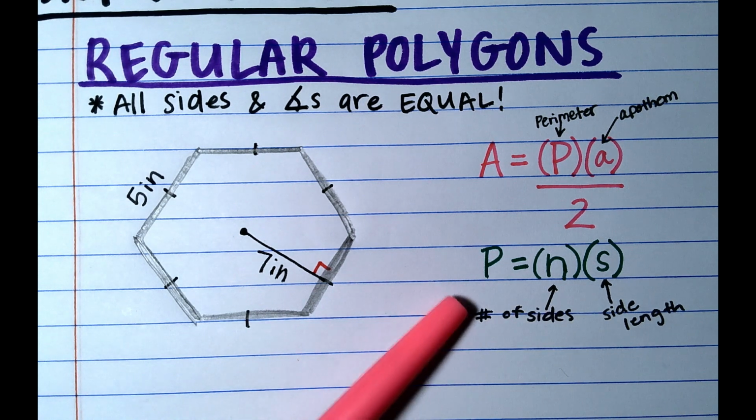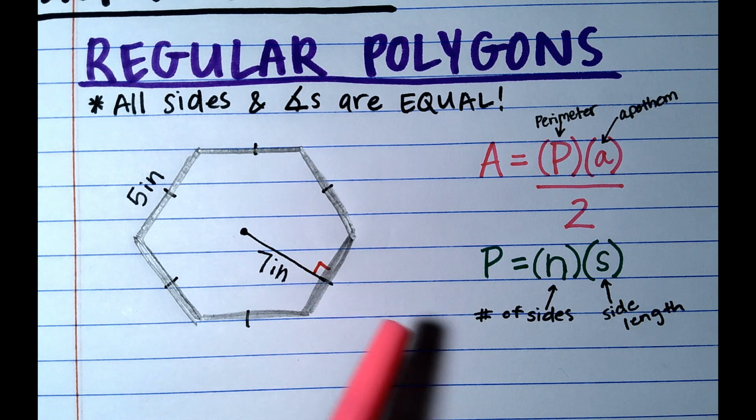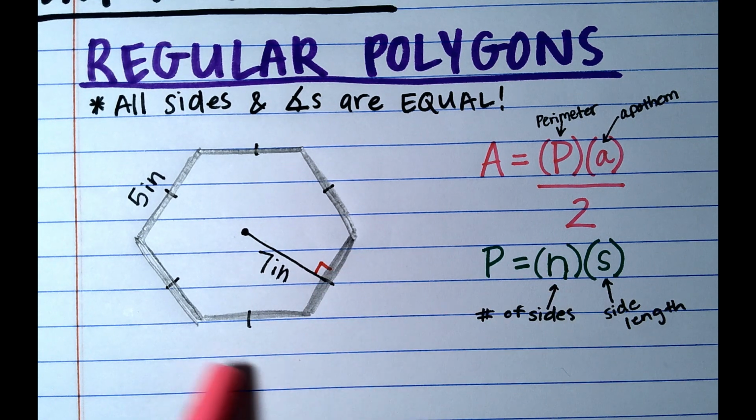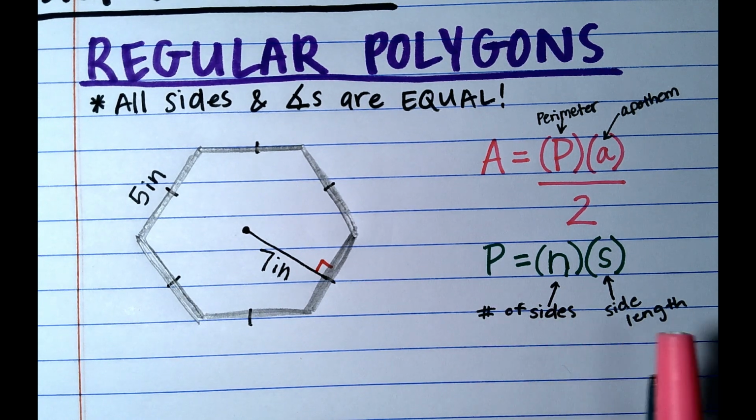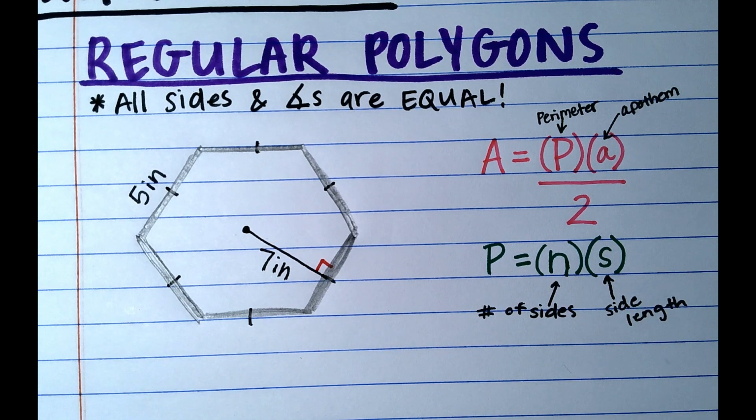So if I want to use my perimeter formula, which is N times S, or the number of sides times my side length, first I need to figure out what is N, what is S. So in this problem, what is the number of sides? How many sides? 6. Good.